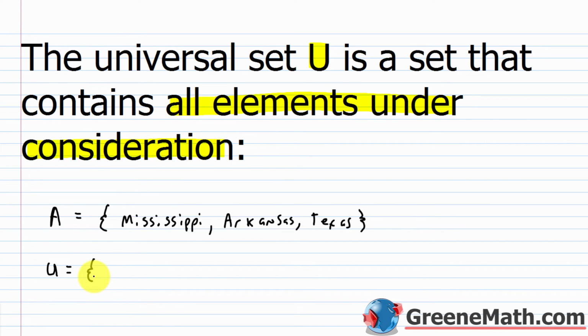That would be very time consuming, but in alphabetical order, we could just start with 2 of them. So in alphabetical order, it would be Alabama. Then it would be Alaska. And let's put our 3 dots there. And let's finish up with the last 2, which would be Wisconsin and then Wyoming.